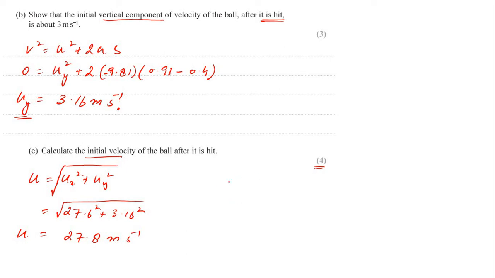direction of u. So theta would be equal to tangent inverse. Remember, this is u, this is ux, and uy. So we need to find that angle theta, which is opposite over adjacent.